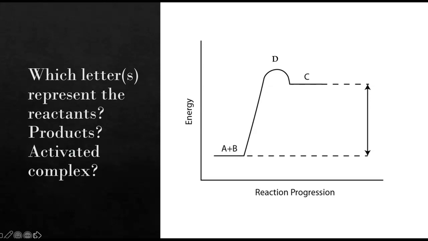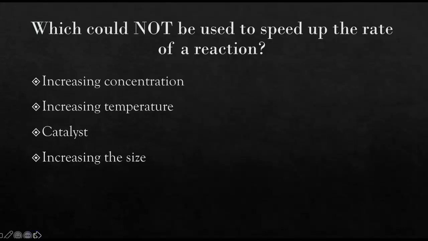So obviously A and B are the reactants, C is the product, and D is the activated complex. Often times as chemicals react, they have to form sort of an intermediary complex to allow them to become products, and that's what we're seeing at D.